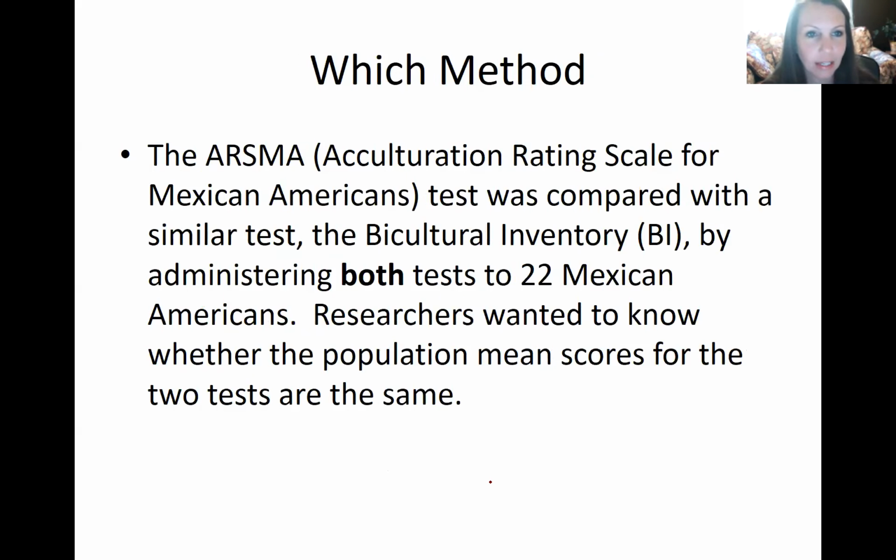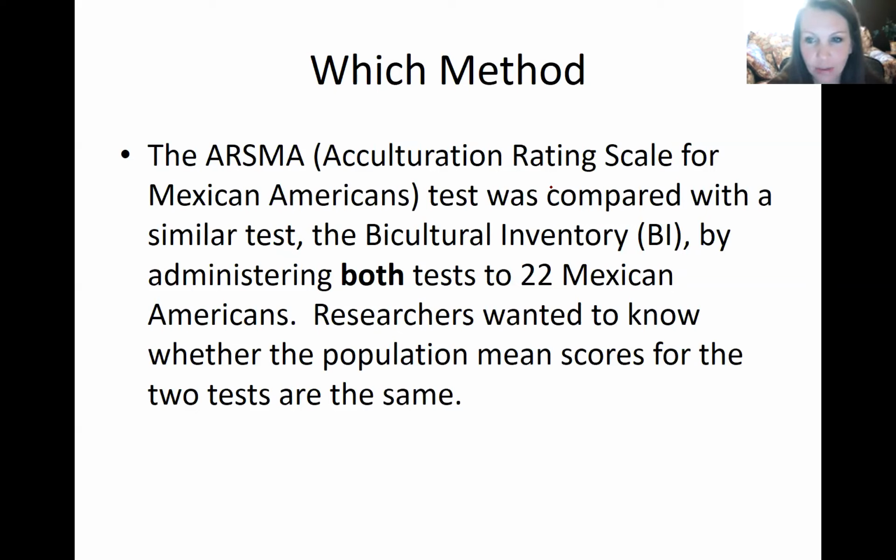Okay, next one. The ARSMA, Acculturation Rating Scale for Mexican Americans test, was compared with a similar test, the Bicultural Inventory, by administering both tests to 22 Mexican Americans. Researchers wanted to know whether the population mean scores for the 2 tests are the same. So first we look at categorical versus quantitative.